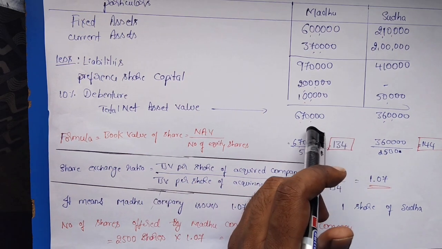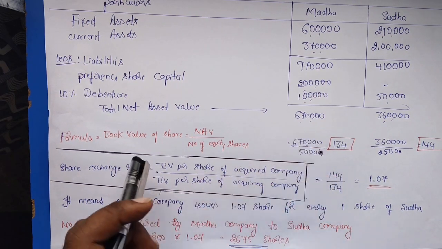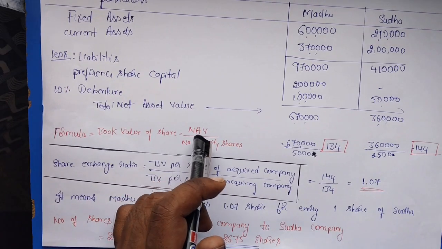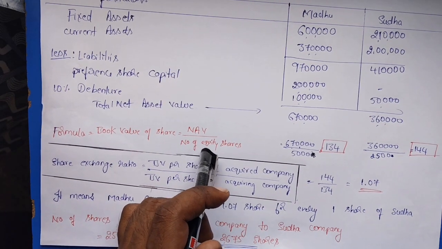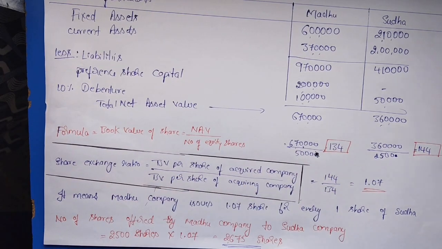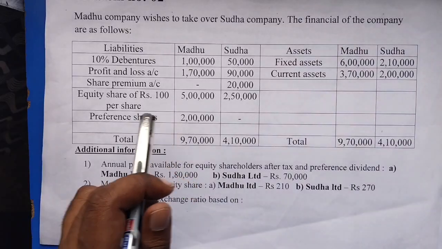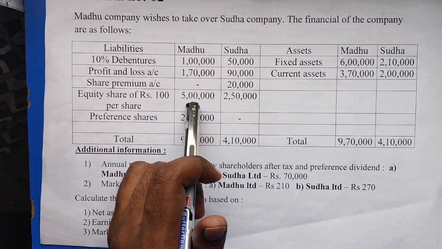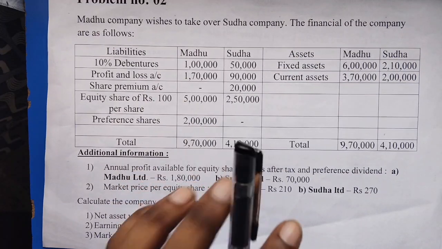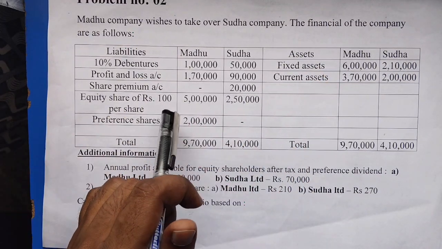Next, with the help of this net assets value, we are going to solve the book value of share. Book value of share is equal to net assets value divided by number of equity shares. We have the net assets value. Next, the number of equity shares. The Madhu company holds 5 lakh rupees worth of equity shares, and one equity share is 100 rupees.